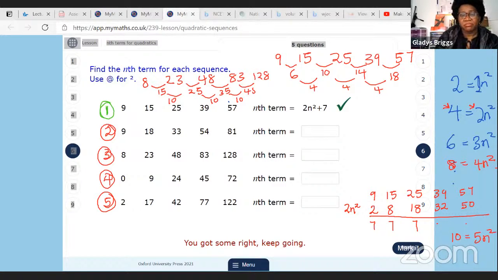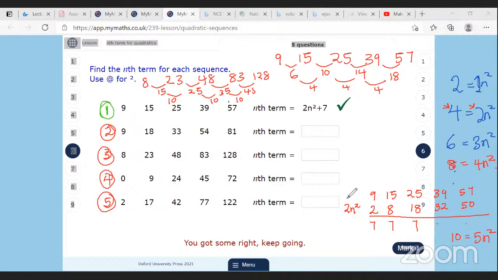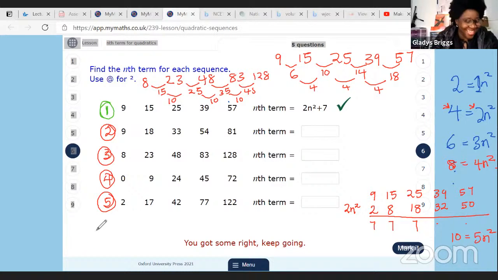Okay, Reem, do you understand it now? No, what do I do now? You compare it to 10n squared. Hang on a minute, I need to go to my whiteboard. The board is so cluttered on my maths, you guys are getting confused.